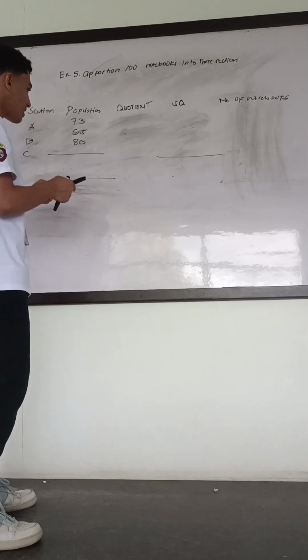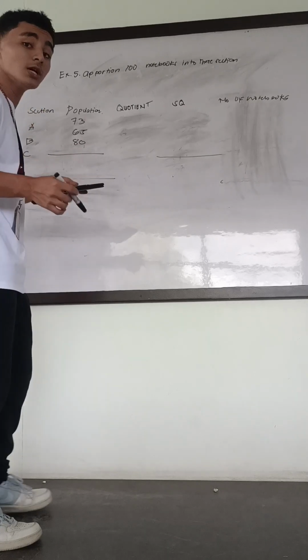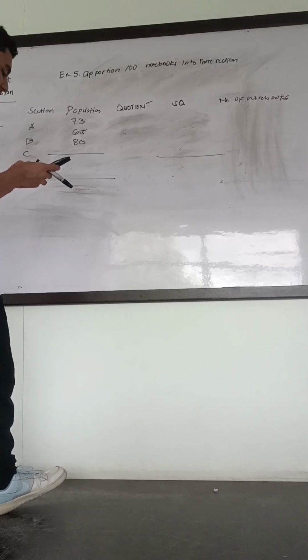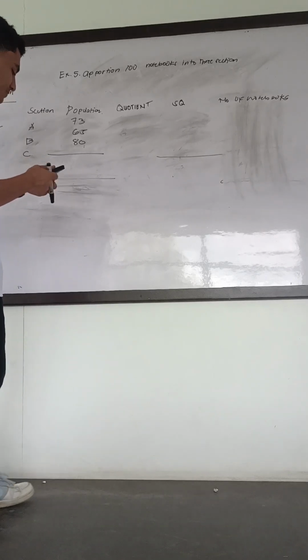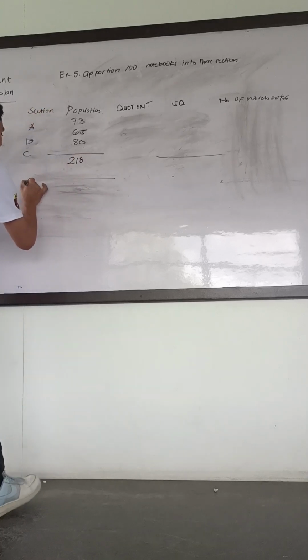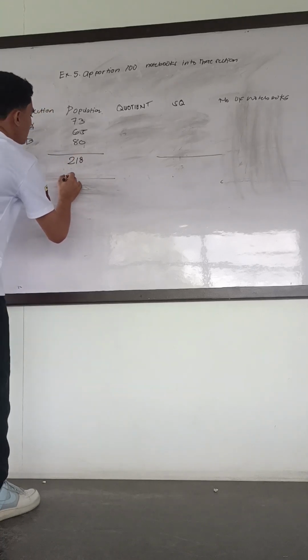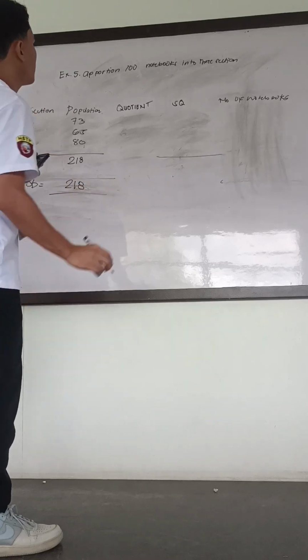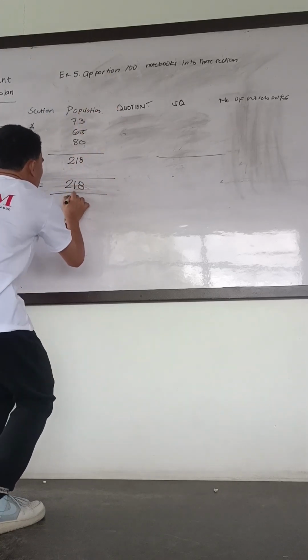So we must calculate the total of this for us to calculate the standard divisor. 73 plus 65 plus 80, we have 218. So for the SD, we have to calculate 218 divided by 100 notebooks.